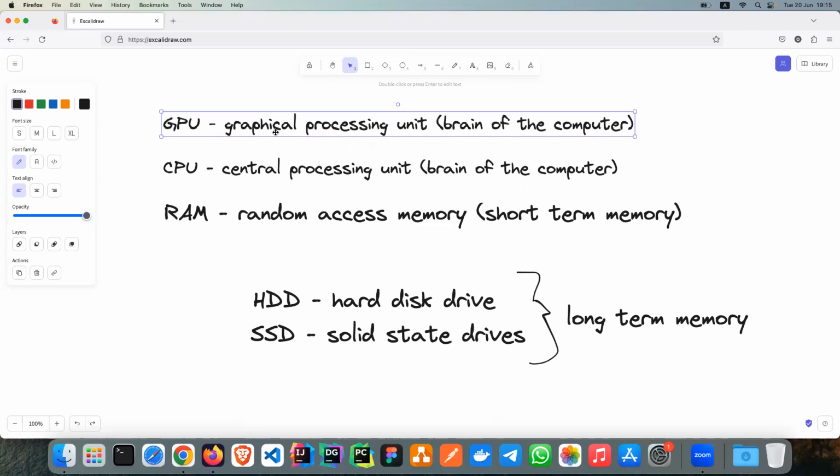Maybe you play a game, and games are really just, I don't know if you know about matrices, not the movie, matrices in math. You multiply a matrix by a vector, and there are a lot of these mathematical operations that happen when you play a game, and those operations need to be in parallel to be really fast.